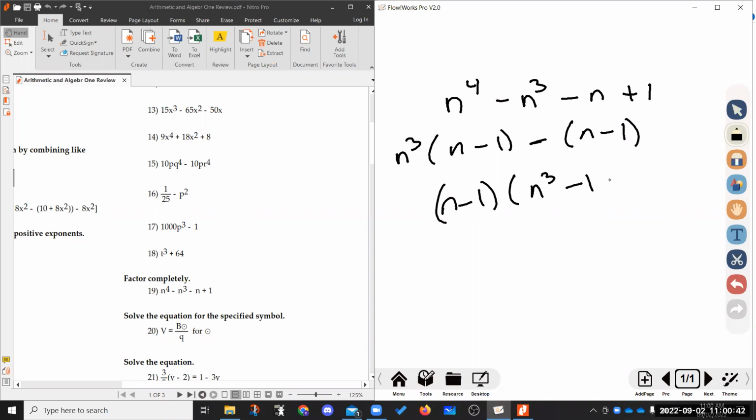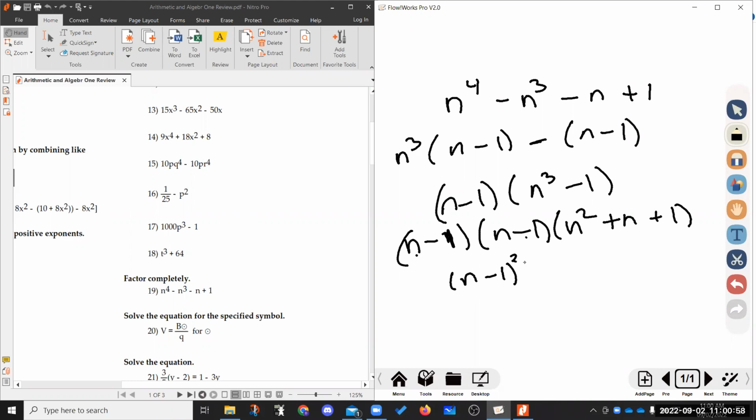That leaves us with an n cubed minus 1, but n cubed minus 1 is going to break down some more into n minus 1 times n squared plus n plus 1. So I'm going to take these two n minus 1s and write an exponent of 2 for them, since it was a repeated factor. And this n squared plus n plus 1 I'm going to write by itself. And I've factored completely.